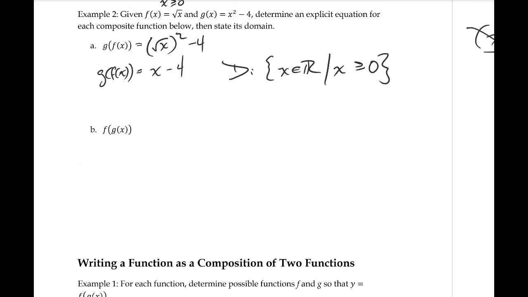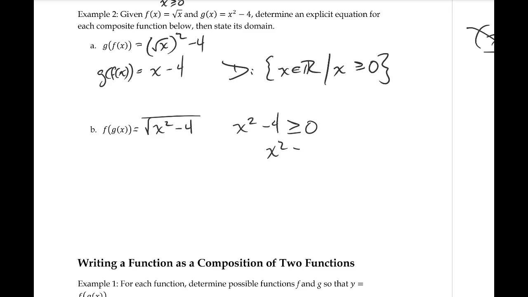So doing our second one, we're going to plug this into our square root. So the square root of x squared minus 4. And so this becomes a little bit trickier in terms of graphing. We know that what's underneath here cannot be negative though, so we can still solve for our restrictions in our domain. So x squared minus 4 has to be greater than or equal to 0.